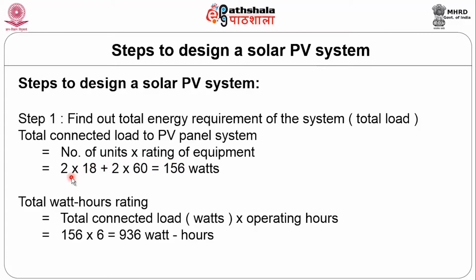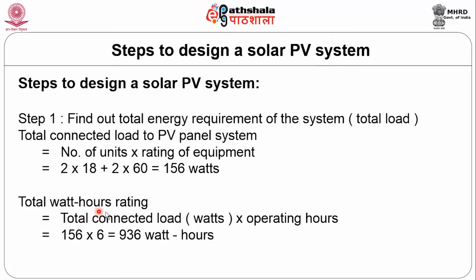Here we consider 2 CFL lamps and 2 fans. The CFL lamp wattage is 18 and the fan wattage is about 60, so 2 into 18 plus 2 into 60, that is about 156 watts. That is the total connected load to the PV system.